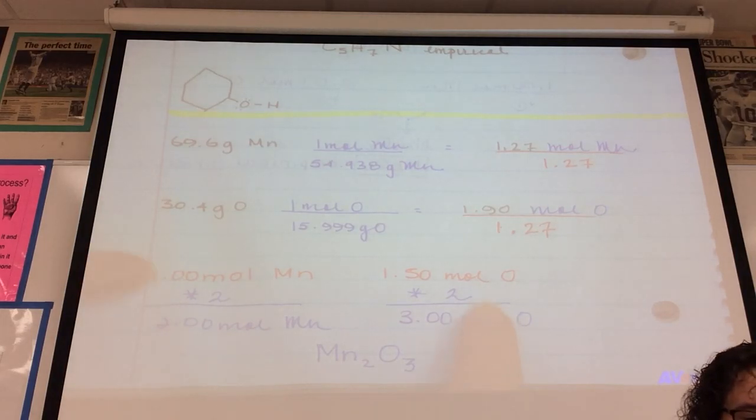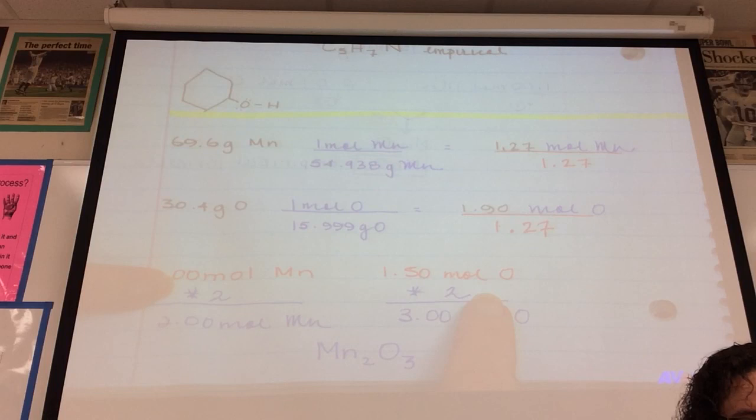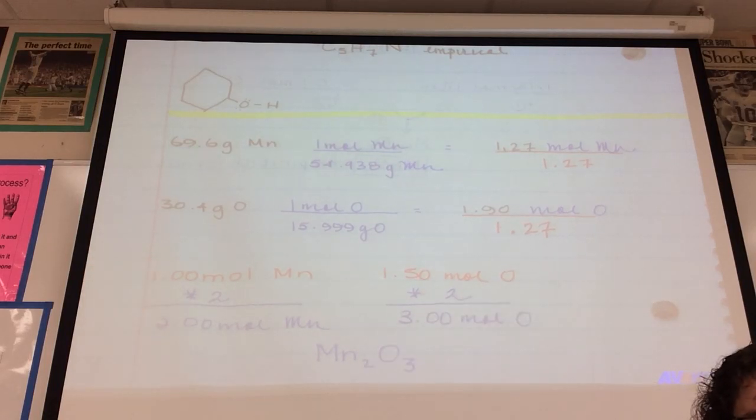Make sure you multiply both of them by the same number. And if you have multiplied them, you will not have something with 1 in it anymore.